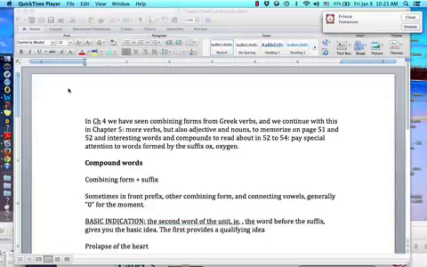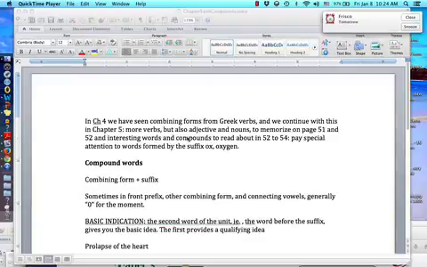Very quickly, you are going to study chapter 5. That is basically a continuation of chapter 4 with other Greek verbs, but also there are some nouns and adjectives.